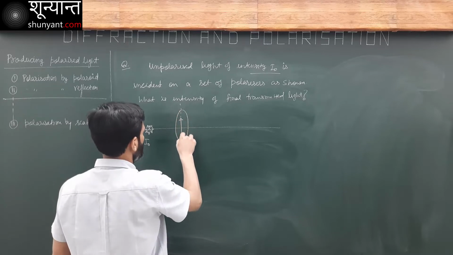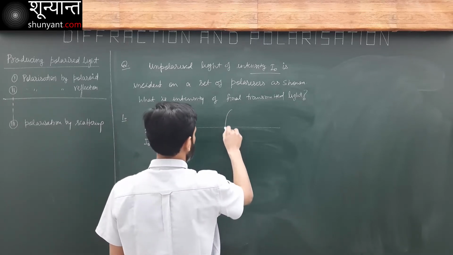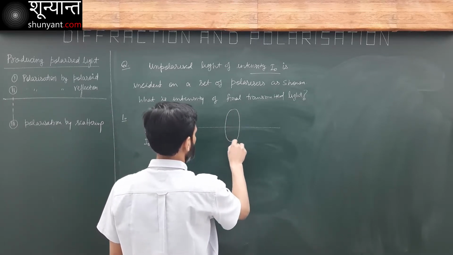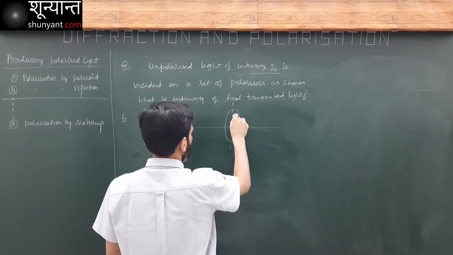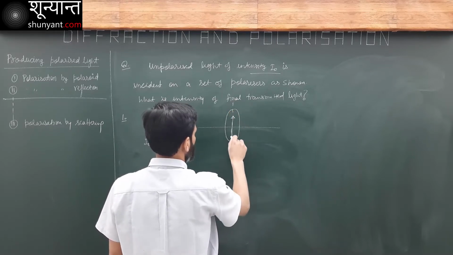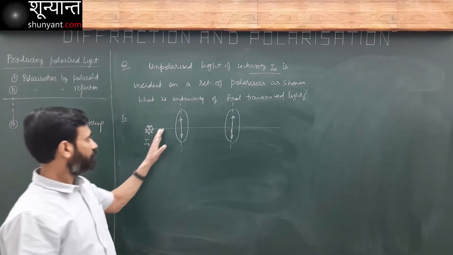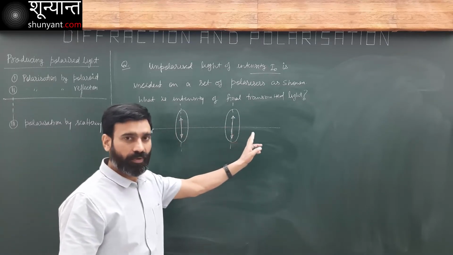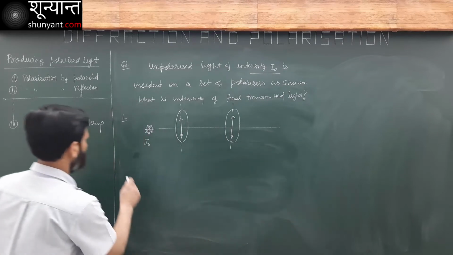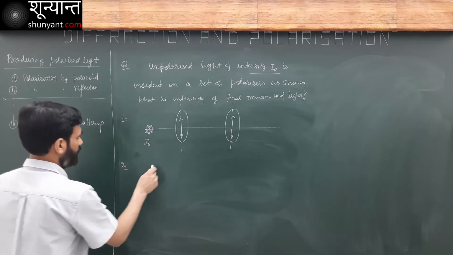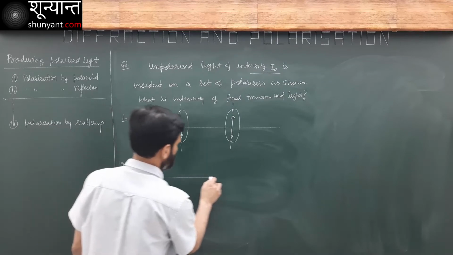Now I have one more polarizer here. Two polarizers. The polarization axes of both are in the same direction. So light will pass through this first, then through this. What is the final intensity? Now the second is like this.